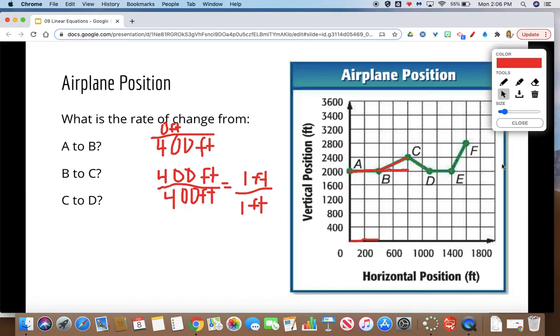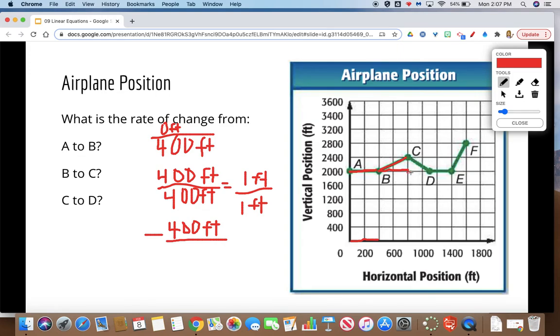Let's look at our change from C to D. Now our plane is starting to decrease in position vertically. We traveled, let's see, vertically we went down 1 box, so we went down 400 feet vertically. Notice we're using that negative to represent the down position.